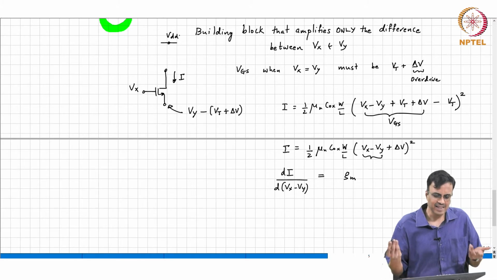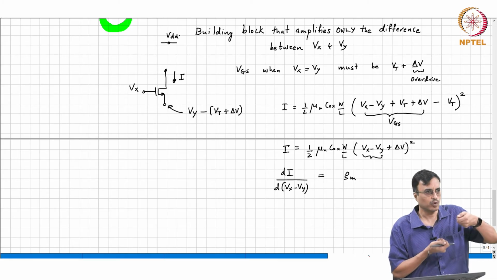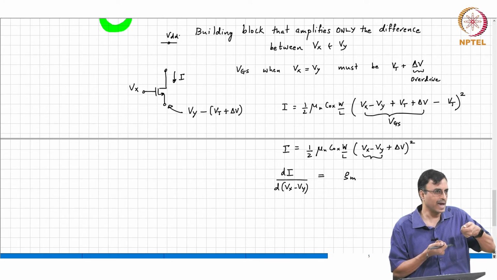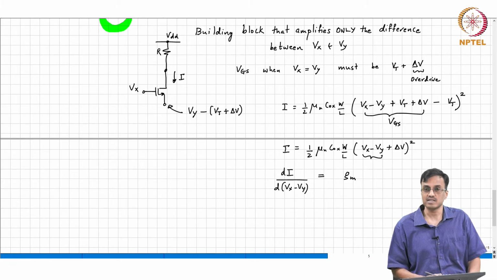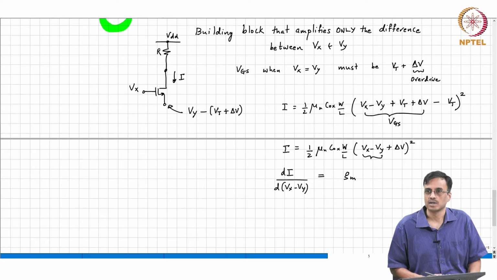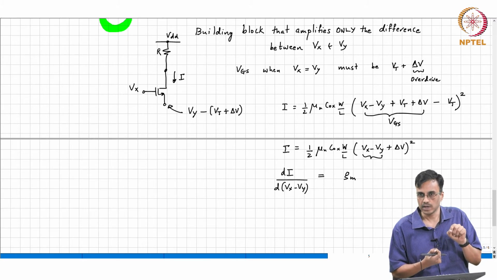This is exactly the same thing as a common source amplifier, except that there we had the source connected to ground and we applied the voltage to be amplified at the gate. Now, what are we doing? We recognize the fact that the transistor only responds to the difference between the gate and the source voltage.